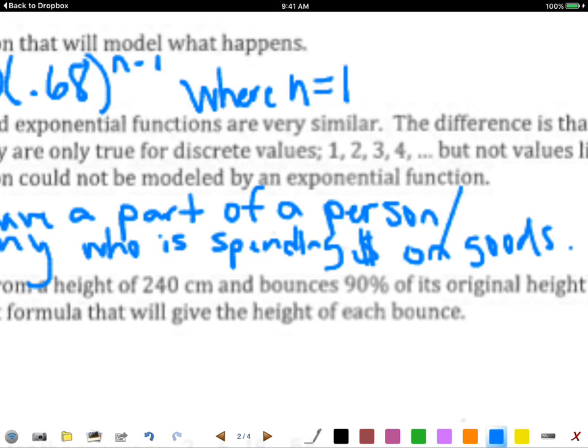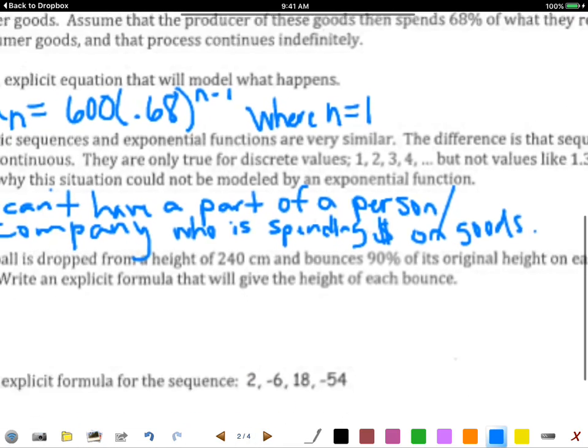Okay, you either have Blake or you have the person he gave the money to. You don't have anybody in between there. That's why it cannot be exponential.